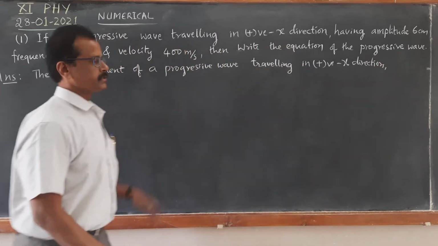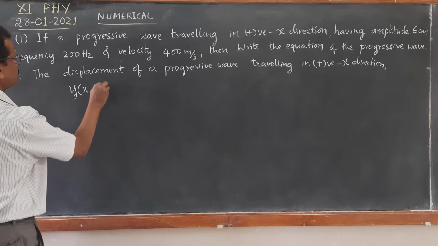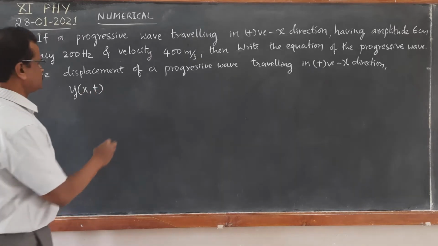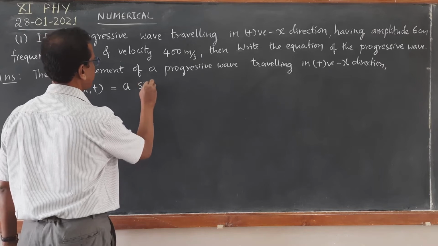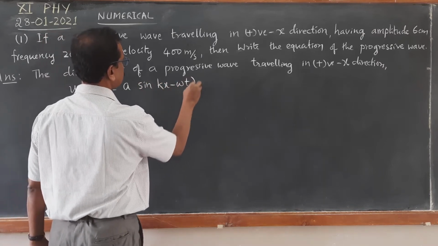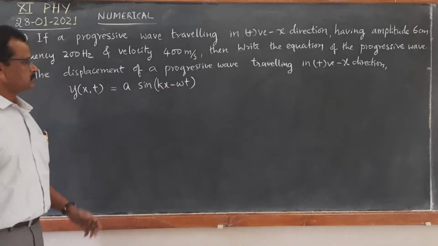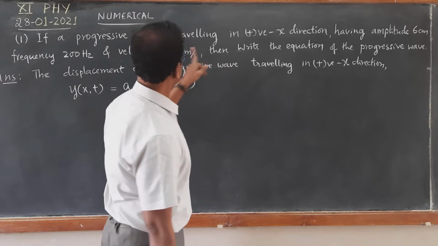First I will write the equation. y as a function of x and t is equal to A sin(kx minus omega t). So in this equation amplitude is given, 6 centimeter.